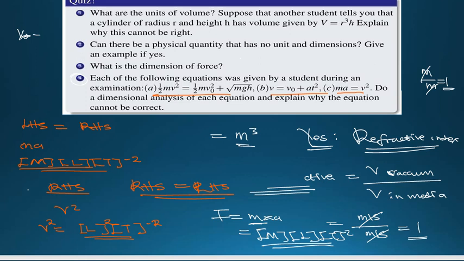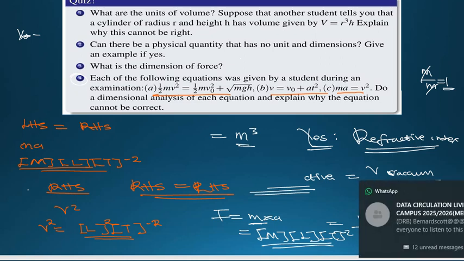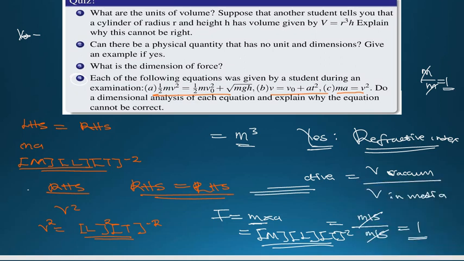After you simplify, you're going to compare. If they are not equal, you're going to say that they are not dimensionally correct. Make sure when you are doing this question, you will find all are dimensionally inconsistent. They are not correct. Okay, let's now go ahead and do other questions.